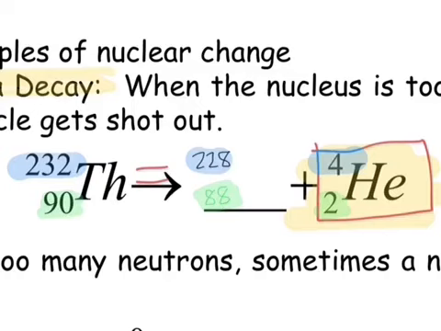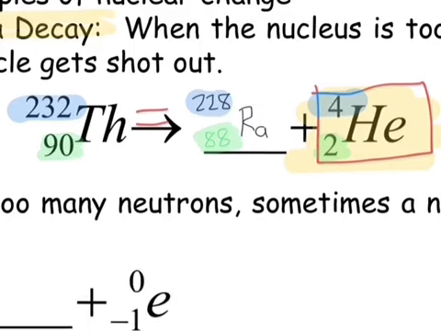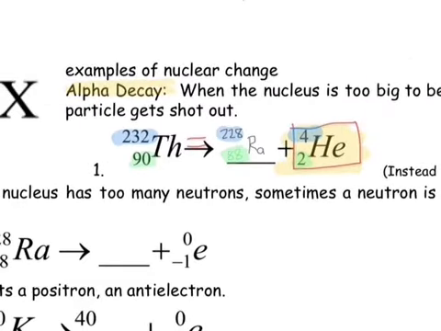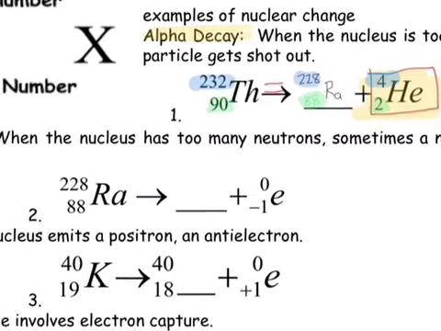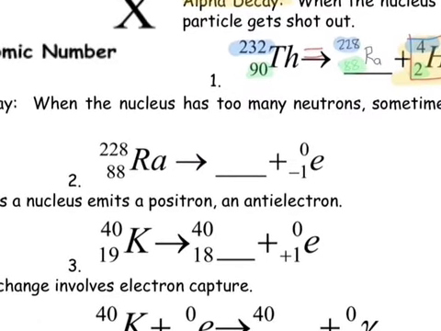So that 88 really defines what that element is. So 88 ends up being, I believe, radium. And really that's how we do all these decay problems. It ends up being somewhat of a math problem.